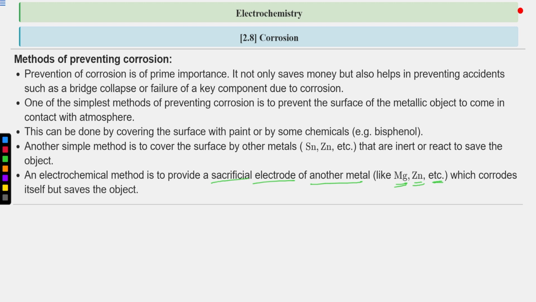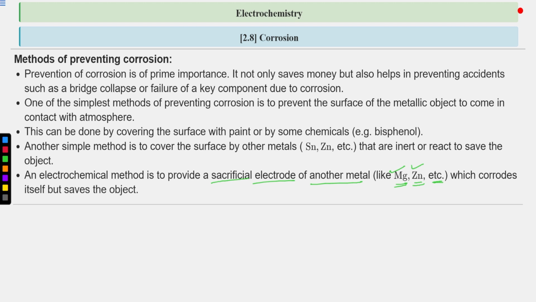So, electrochemical method is to provide a sacrificial electrode of another metal, for example, magnesium, zinc, which corrodes itself but saves the object. Or if the metal object size is smaller, we can also use the electrochemical method by providing a particular electrode made up of a different metal from the metal which the object is made up of. Okay, so the electrode metal can be magnesium, zinc.